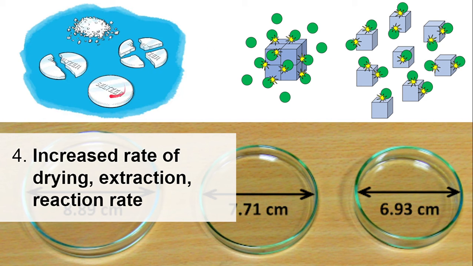The entire tablet was divided into 2 parts, 4 parts, and later crushed down into small particles. So in this case, I can increase the extraction of the drug much faster, and thereby we can increase the reaction rates. So whenever the particle size is smaller, the rate of drying, extraction, and the reaction rate are going to be increased.